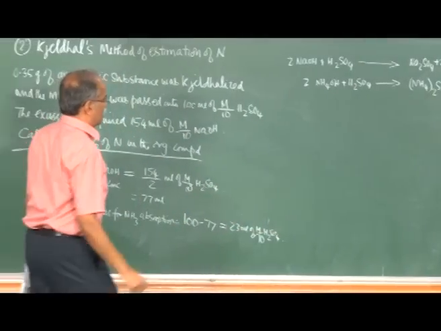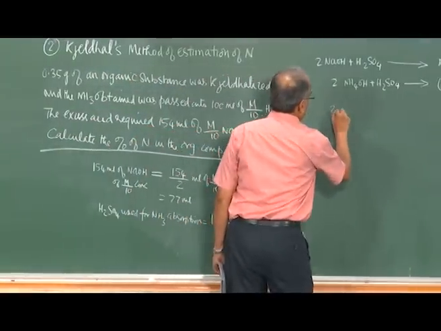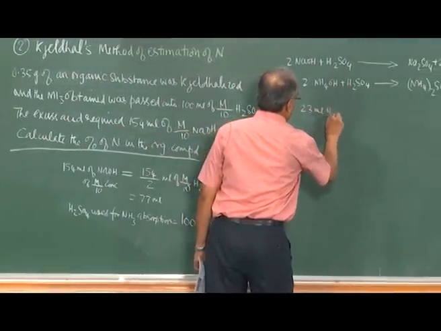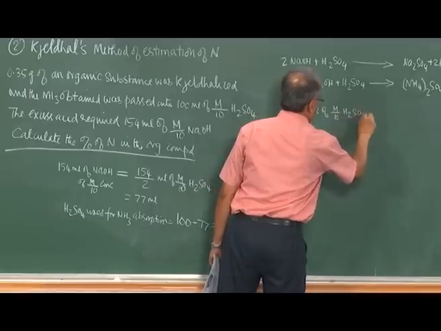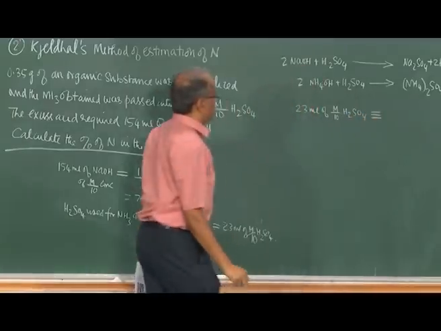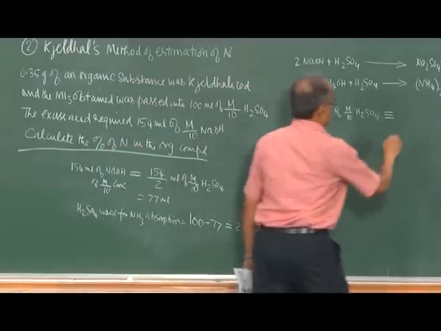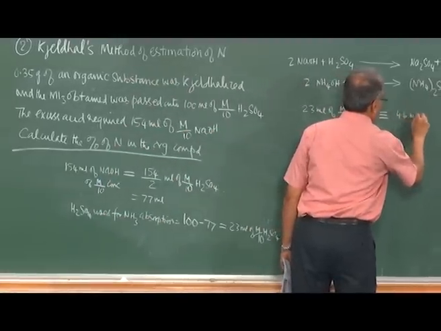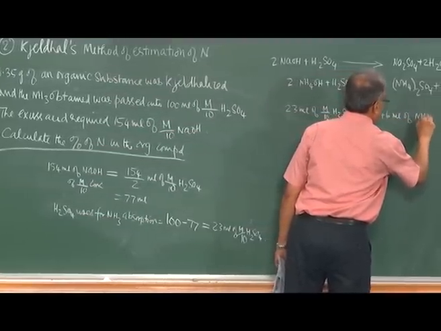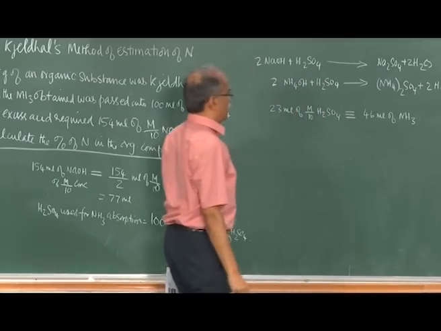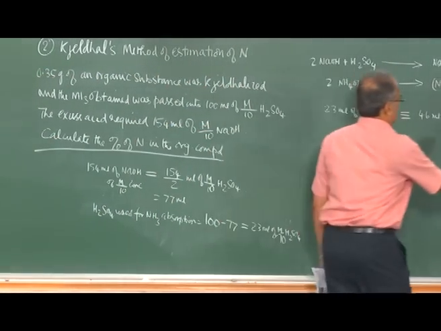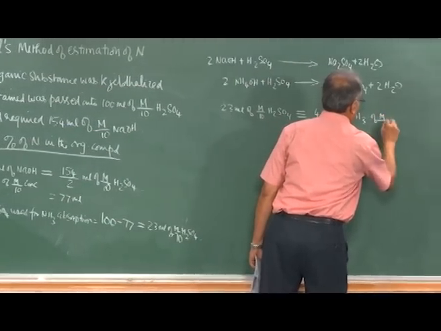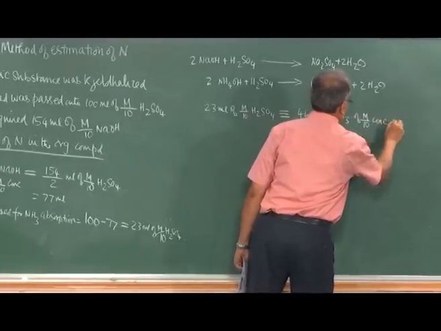So, the 23 ml of M/10 sulfuric acid is actually equal to 46 milliliters of ammonia of M/10 concentration. The same concentration has to be maintained here.